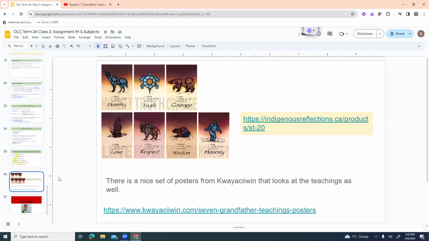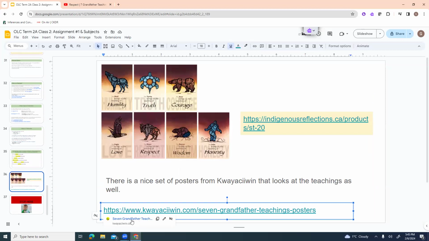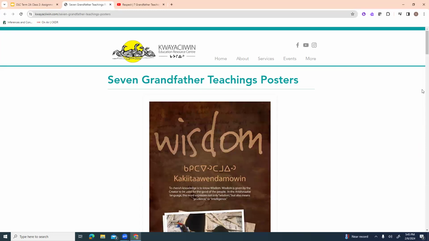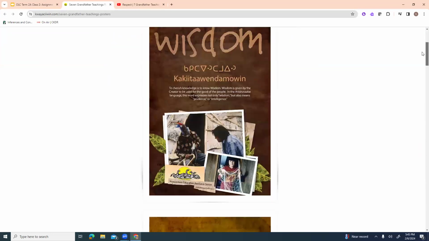So going back to the main assignment, this is just some nice little posters that talk about the grandfather teachings, if you want to take a look at that. There's also a really nice set of posters from Kwaichian that looks at the teachings. In case you're just looking for some ideas, I wouldn't want you to just copy this, but it can give you some ideas if you're feeling stuck.